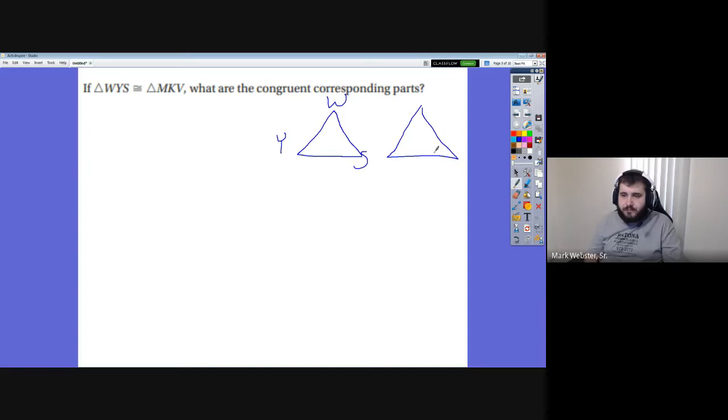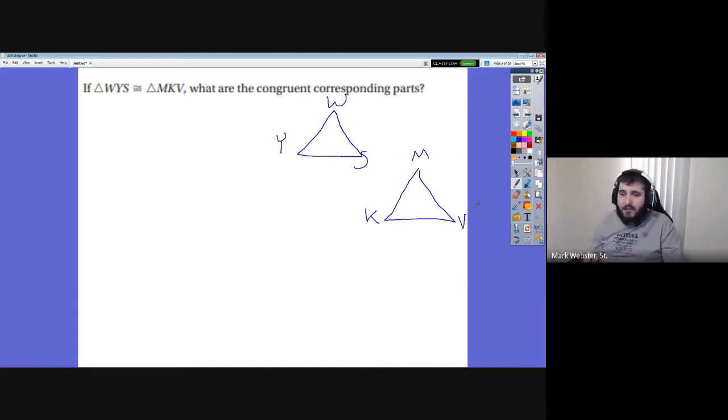WYS. Actually, let me move this triangle over a little bit so that it's clearer. They're not squished together. So we got WYS, and I'm going to do the same thing in the exact same order, right? Started at the top, went counterclockwise. So I'm going to do the same thing here. M, K, V, just like that.